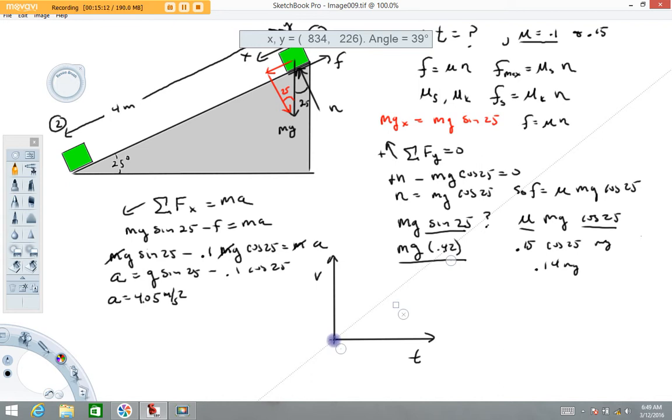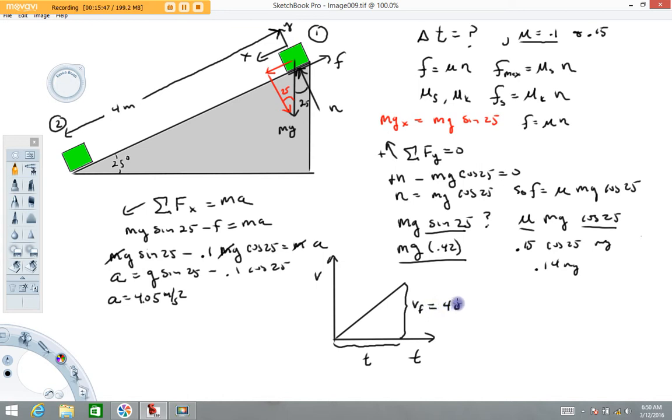So that first point is going to be here, and the acceleration is 4.05 meters per second squared, but you'll notice this is not a function, this is constant. And when we have constant acceleration, that's going to give us a linear velocity graph. So if we were just to sketch a quick graph of velocity against time, it's going to look something like this. I don't know the time for it to get to the bottom, and we don't know the final velocity either, but we do know that it's equal to acceleration times time.